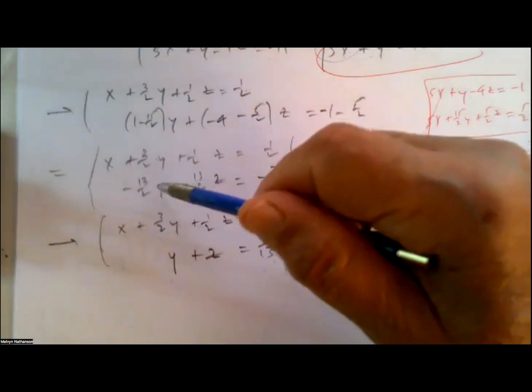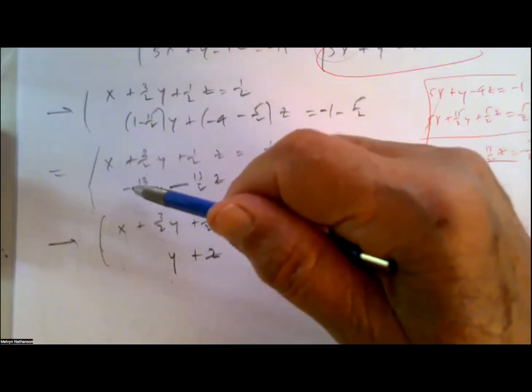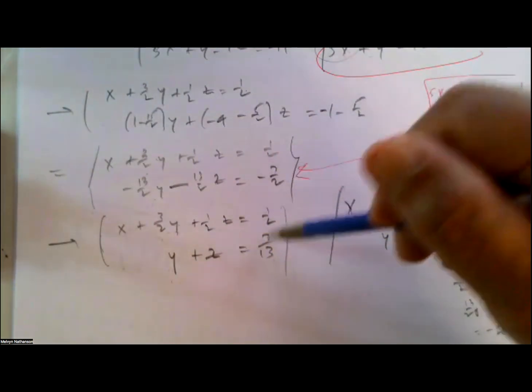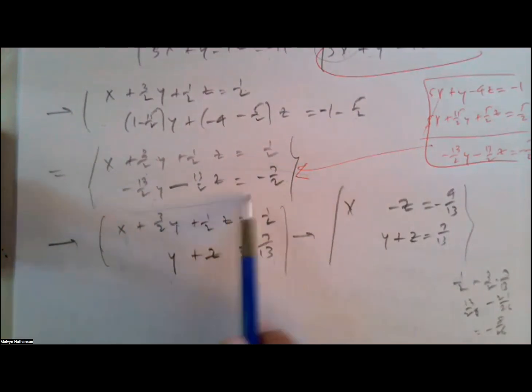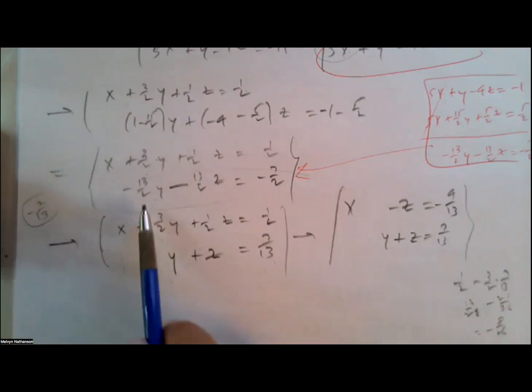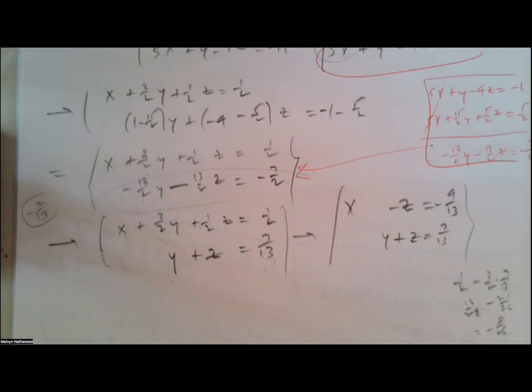I saw it. Multiply this by minus 2/13. That is, I get y plus z equals 7/13. I'm multiplying this second equation by minus 2/13 to give me a 1 here. It also gives me a 1 here, and it gives me 7/13 here.